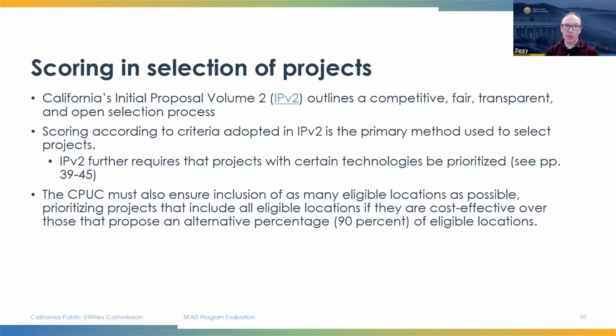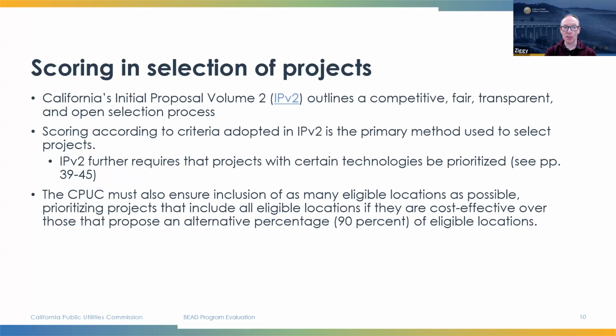So California's IPv2 initial proposal, volume 2, outlines a competitive, fair, transparent, and open selection process. It is designed within the requirements and guidelines of NTIA. The scoring that was adopted in IPv2 is the primary method used to select projects. And as we mentioned, certain technologies must be prioritized over others, which means they must be evaluated before other technologies will be viewed.